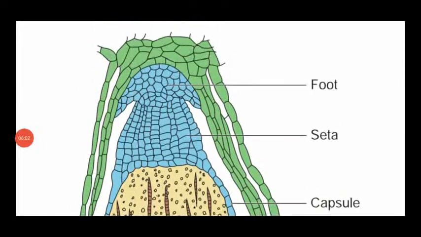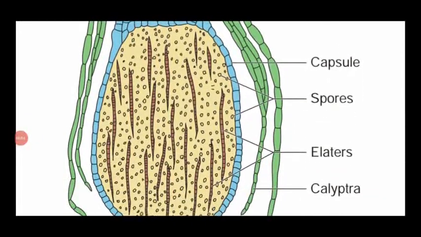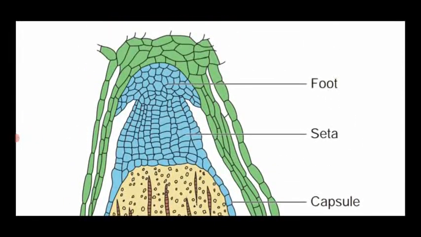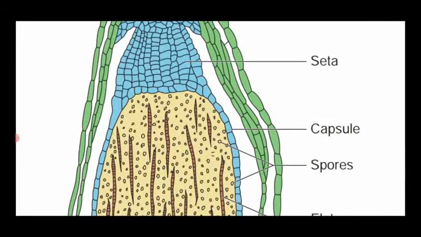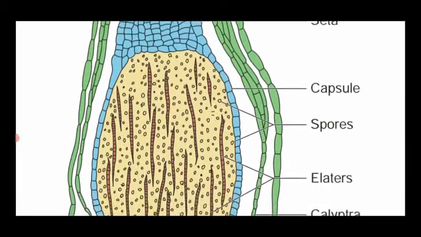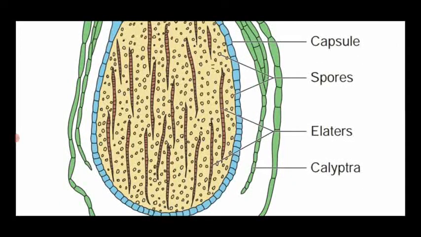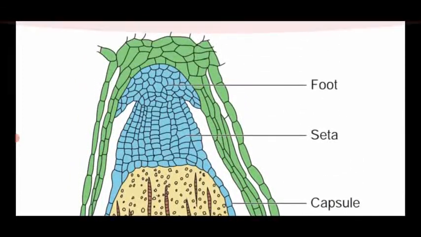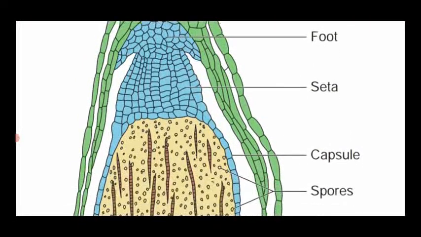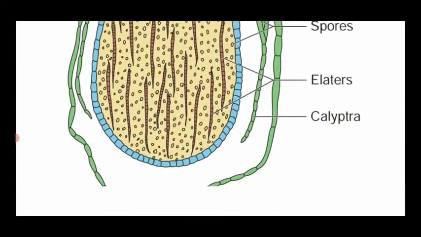Dear students, this is the sporophyte of Funaria, divided into foot, the basal portion, and also the capsule, which is bulbous and oval in shape. The foot and capsule are separated by a small region, the seta. The capsule is enclosed by a single layer known as jacket, and is also protected by a green region known as calyptra.